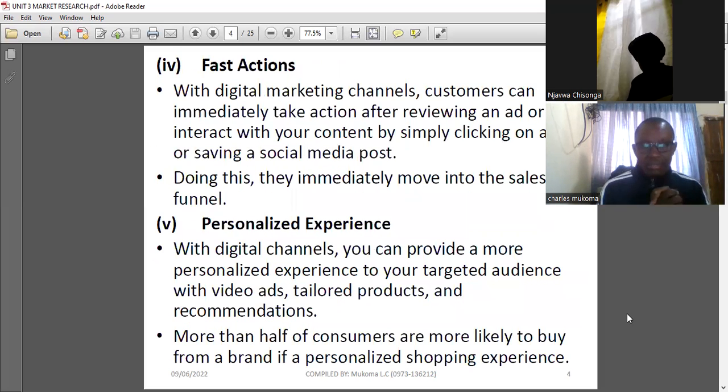Fast actions. Very true. You are able to interact with your customer online. It's very fast. There and then you can finish the transaction compared to the traditional way of doing business those years ago. Personalized experience. With online, you are able to personalize whom you want to target.